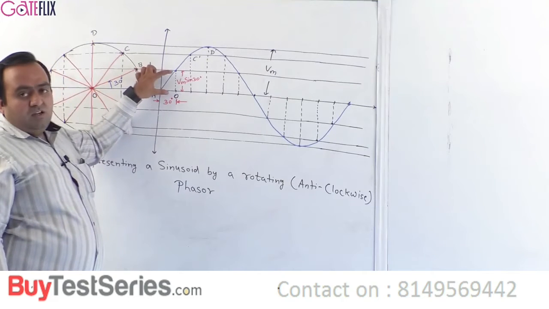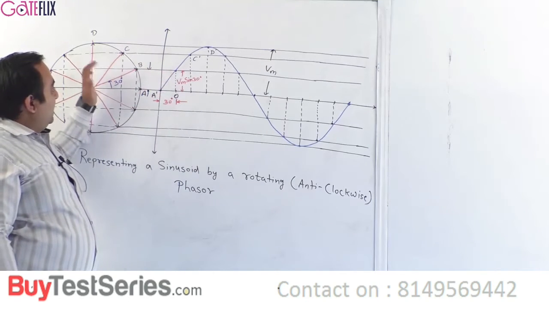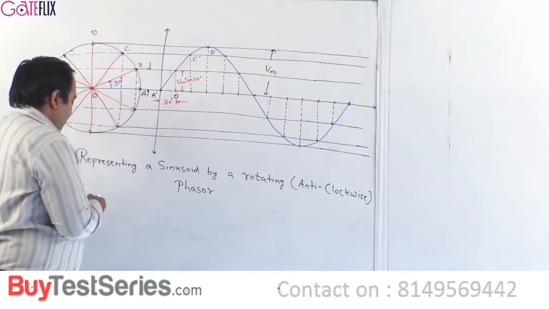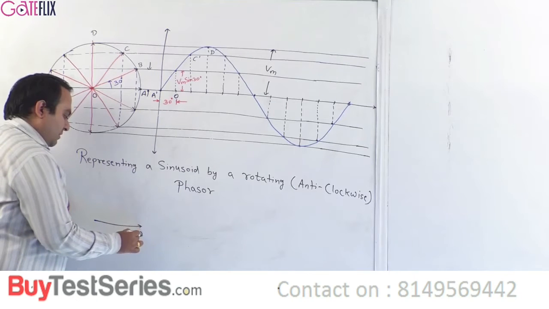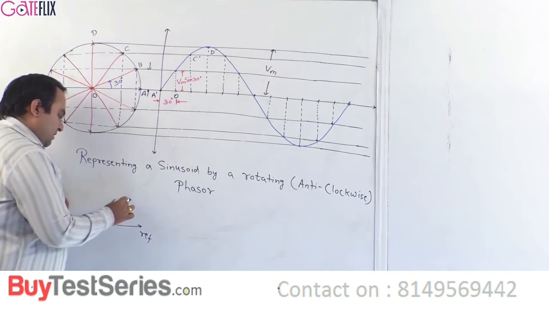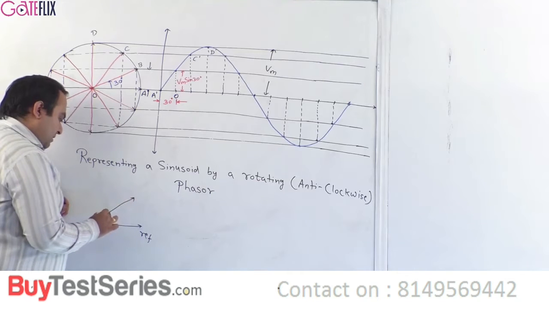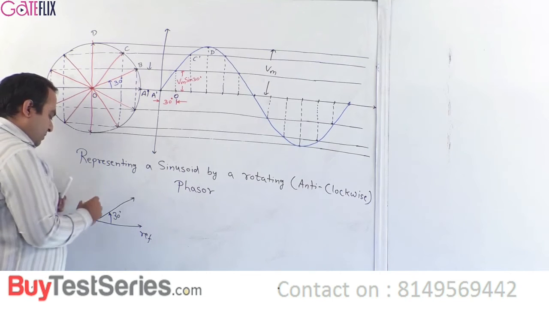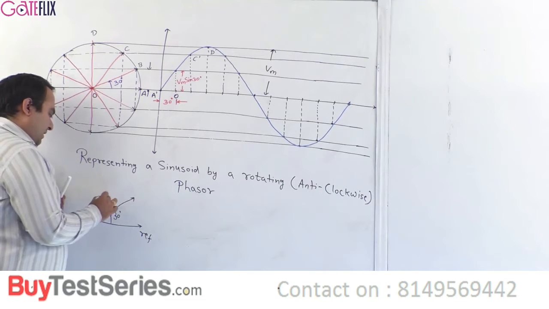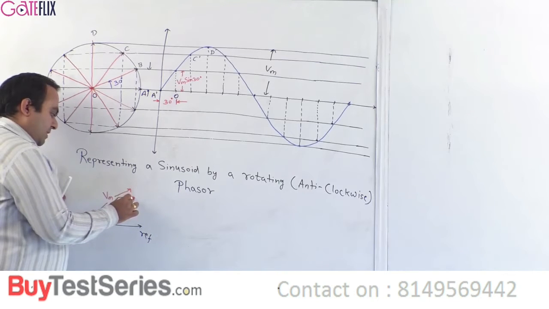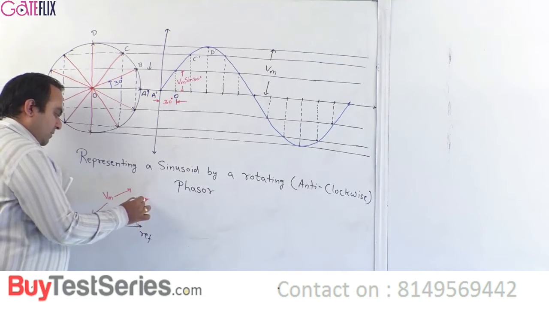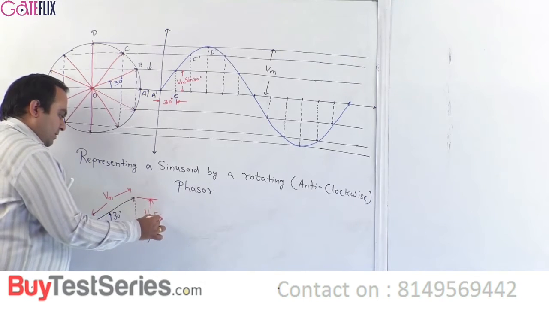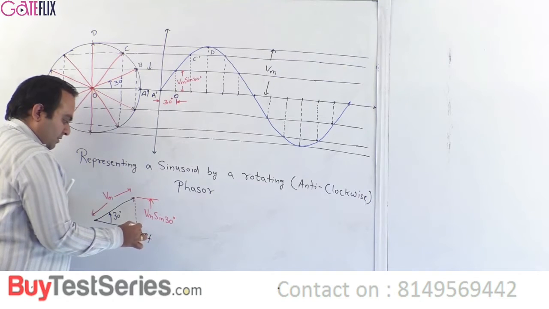So this vertical height is nothing but the vertical projection of the phasor. See, it's like this. If you have this as your reference, and this is angle 30 degrees, and this height is some height Vm, then this height must be Vm sine 30 degrees.